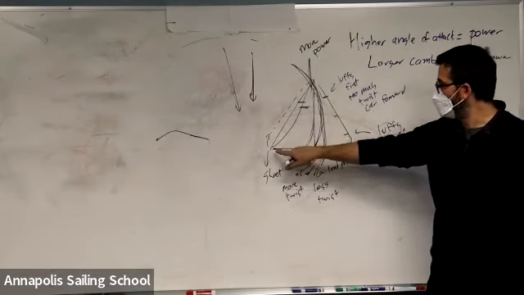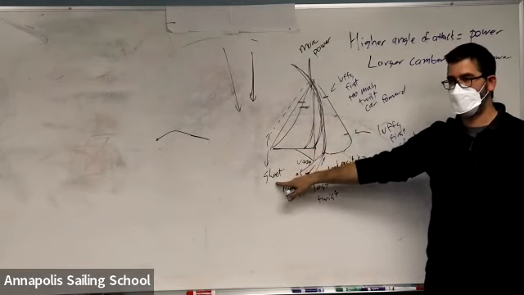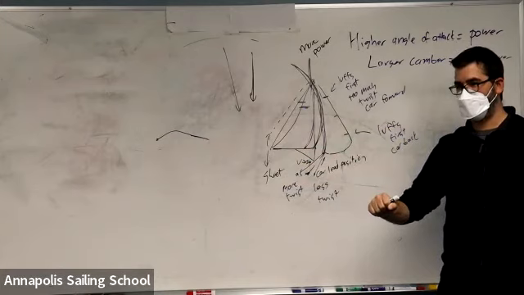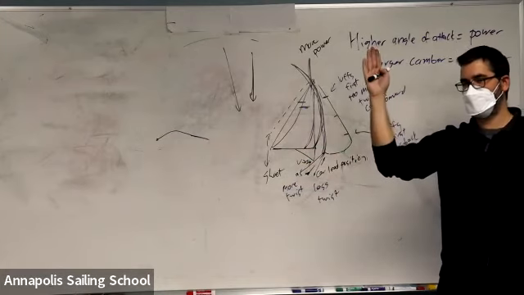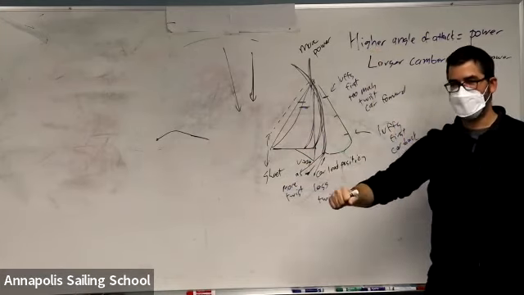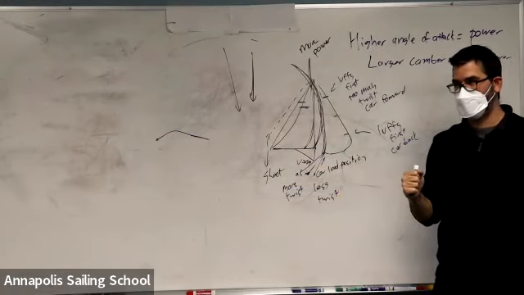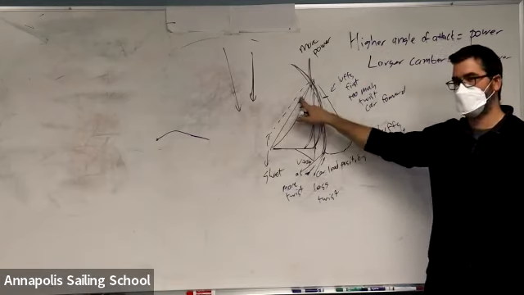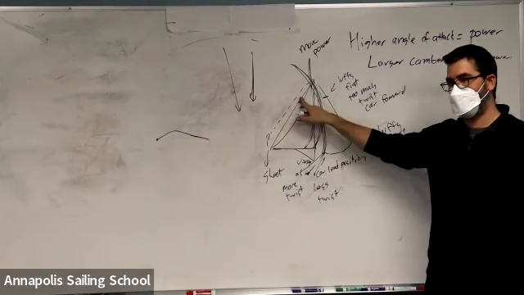Because if your vang is on, it holds the boom down even when you ease the sheet. When you ease the sheet into a puff, if the first thing that happens is your mast straightens up, that first few inches of your sheet is actually powering up your rig, which is the opposite of the goal. So then you have to ease your sheet really far out in order to twist off the top of the main to depower.